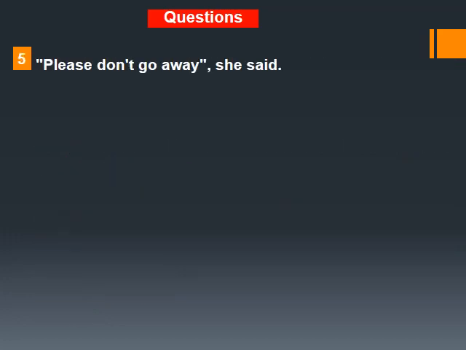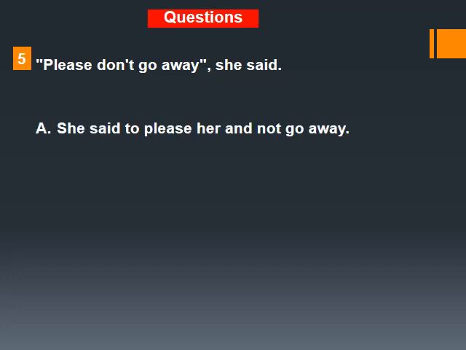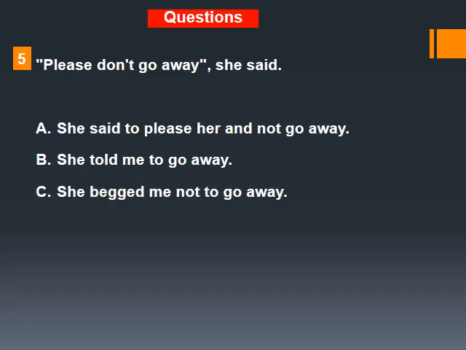Please don't go away, she said. She said to please her and not go away. We know that is not at all correct. She told me to please, to not go away, and she begged me not to go away. She begged that I not go away.